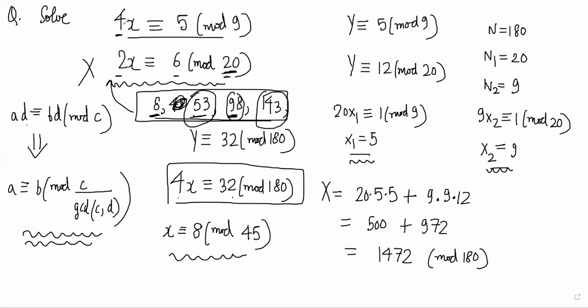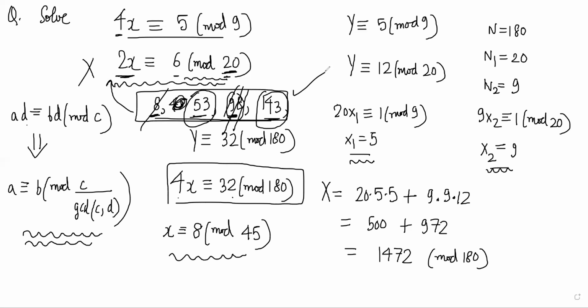53 into 4 is 212, and 180 and 27 high, it is 5 mod 9, right? And 106 is 6 mod 20, right? 98 into 2, 196 is not 6 mod 20, so 98 does not fit. 143 into 2, 286 is 6 mod 20. 143 into 4 is 572, 540 and 32.